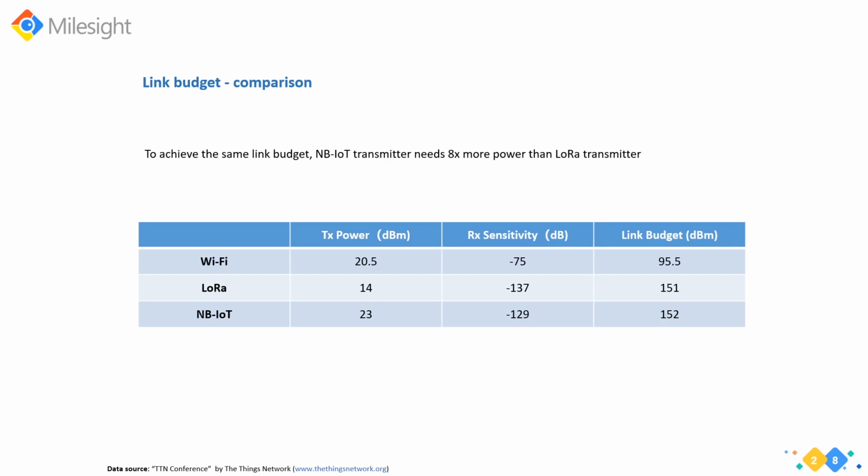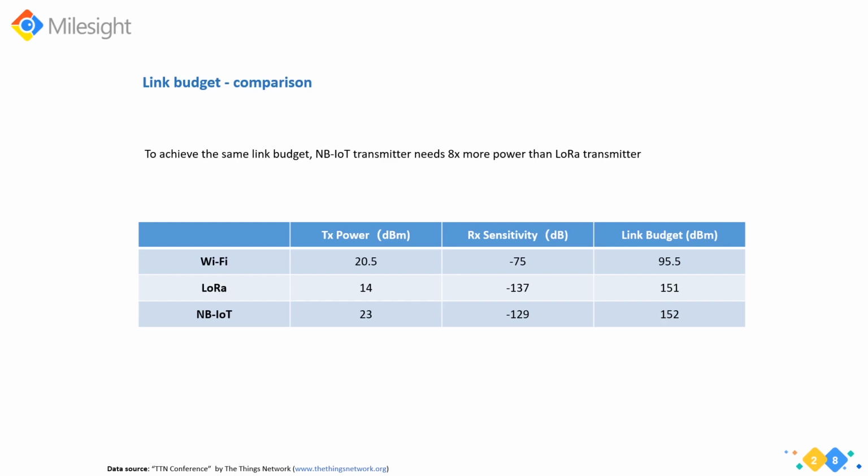But you can see here that LoRa can reach a very similar distance as NB-IoT, but with much less transmit power. It means less power consumption. So this is just the calculation on paper.